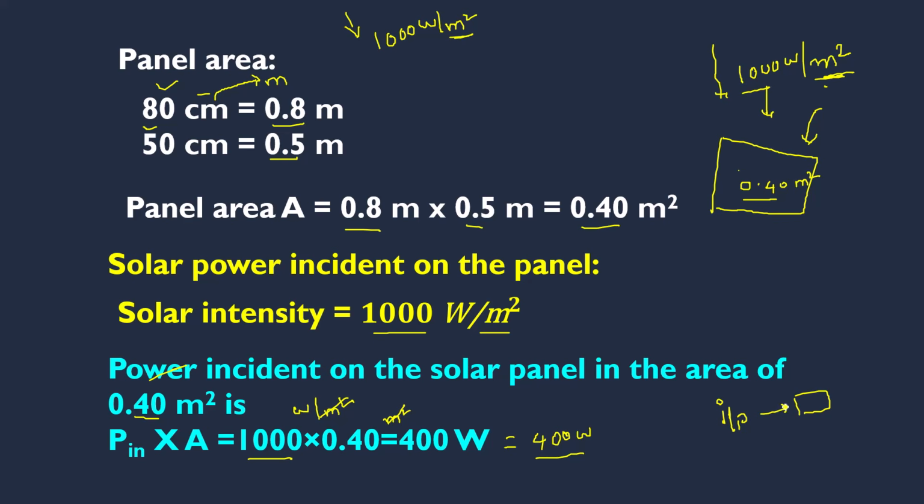Now, because of this 400 watts, the solar cell is generating 3.2 amperes at 15 volts. This is the current and voltage it is generating, right? Now we need to find out the output power generated by the solar cell, the electrical power output.